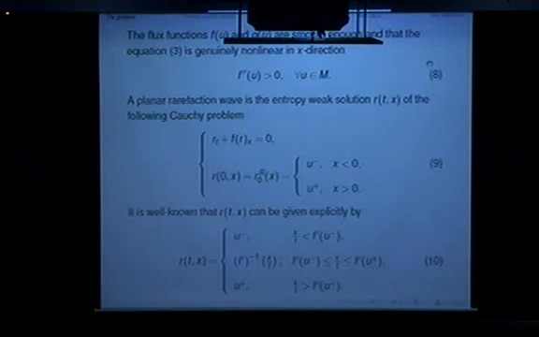We assume that the flux functions f and g are smooth enough, and it is genuinely nonlinear in the x direction.